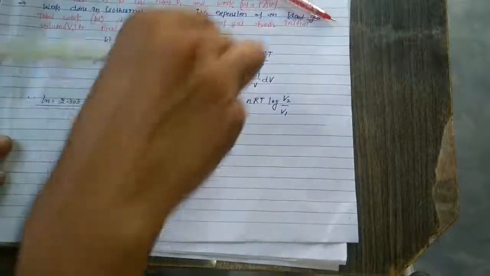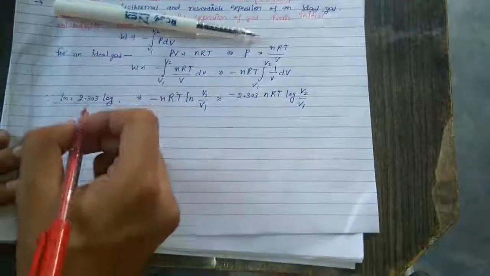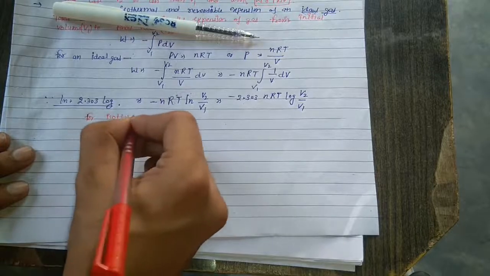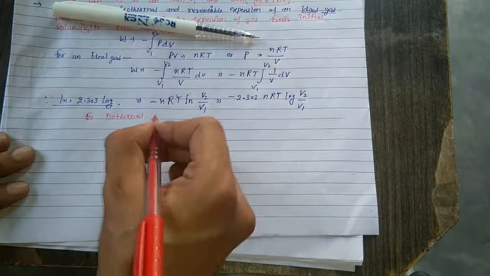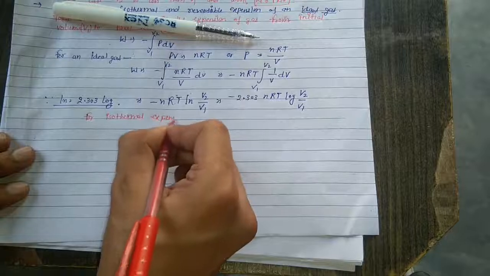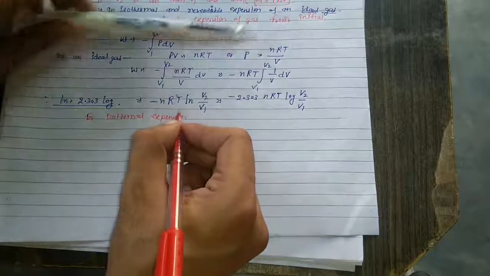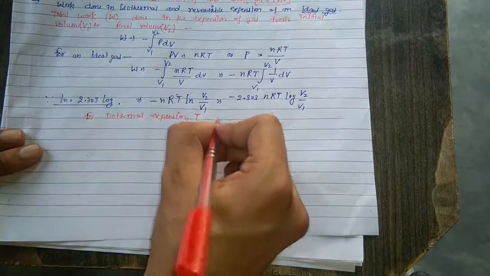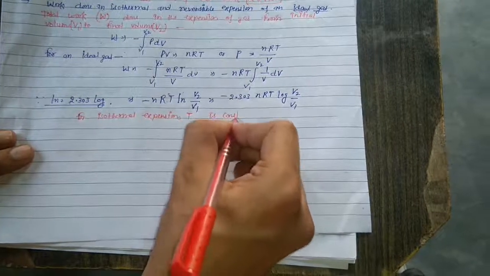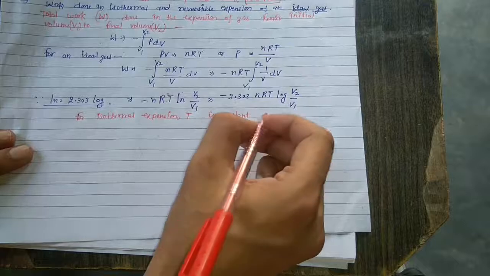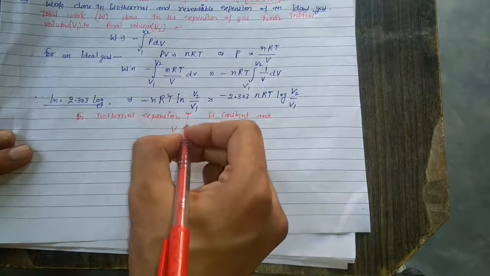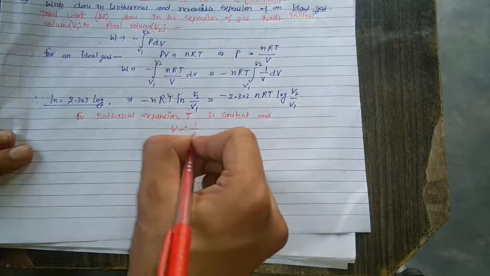So for isothermal expansion, T is constant and V is inversely proportional to pressure.